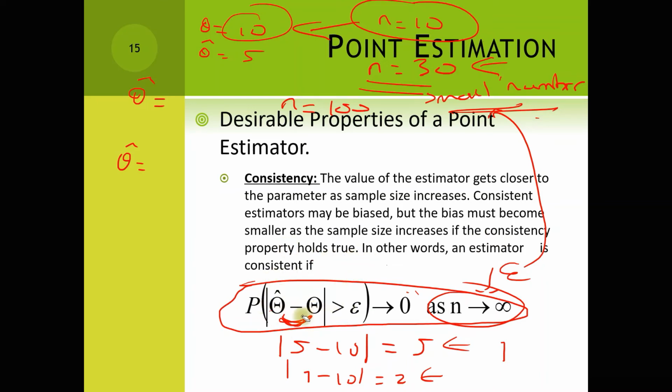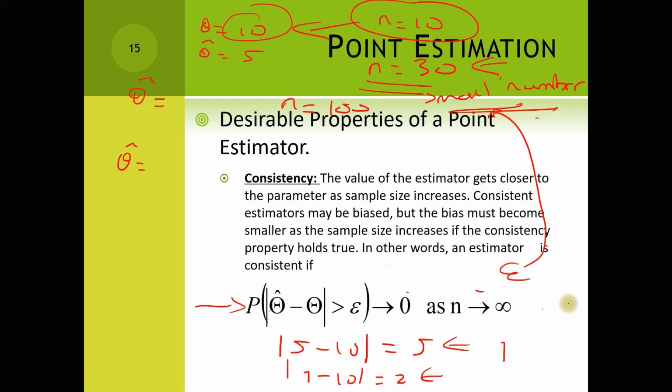In other words, an estimator is consistent if you have this property holding true, as I showed you. So a quick reminder is that the probability of having a difference here being greater than a small number, in other words, the probability of having even a small difference, will be very close to zero if the sample size tends to infinity.